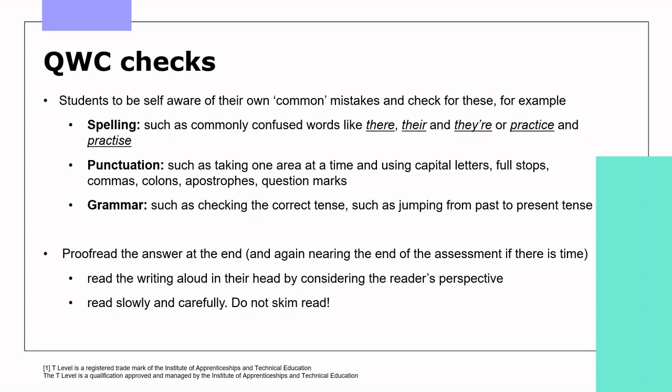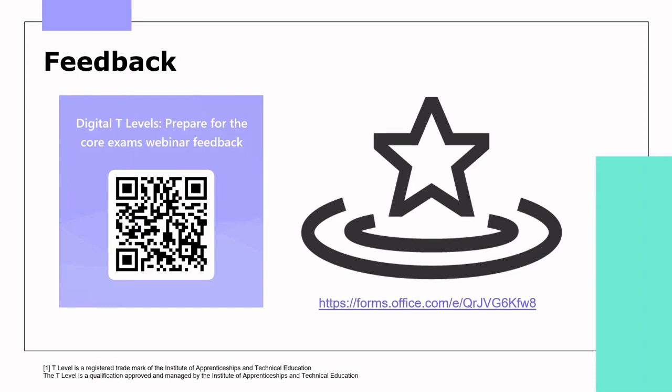And then if time allows, students should do a proofread at the end and take their reader's view and read it aloud in their own head and see if it makes sense and add any corrections that they might need. So that is the session today.